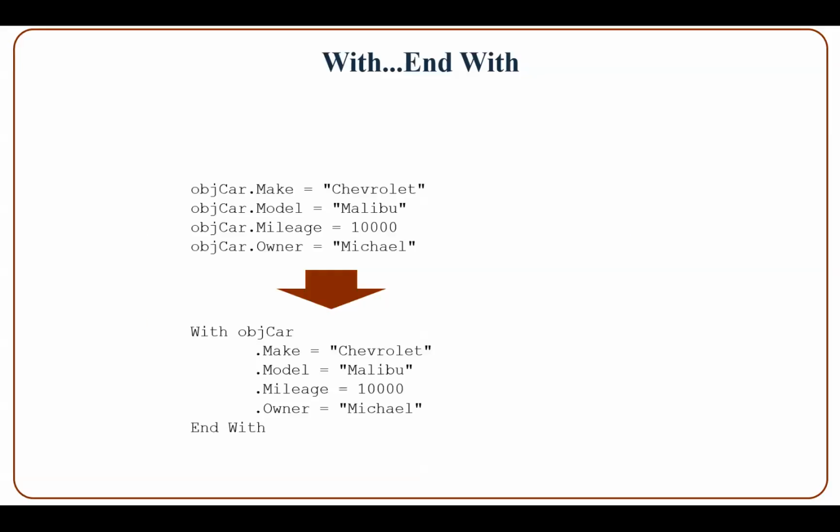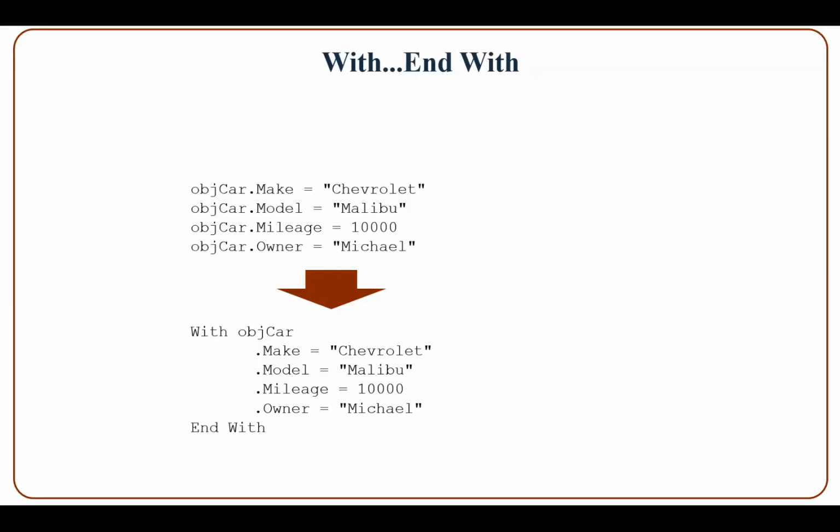This is an example for with and end with structure. If you don't use with and end with, your code looks like this. You have to prefix the member with the object name every time.